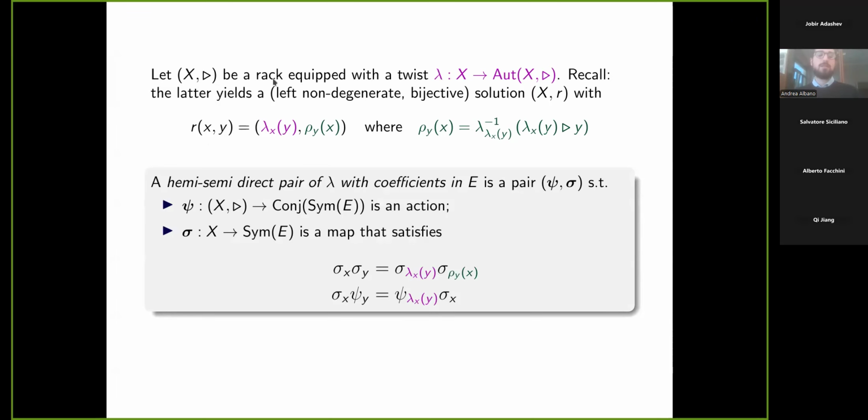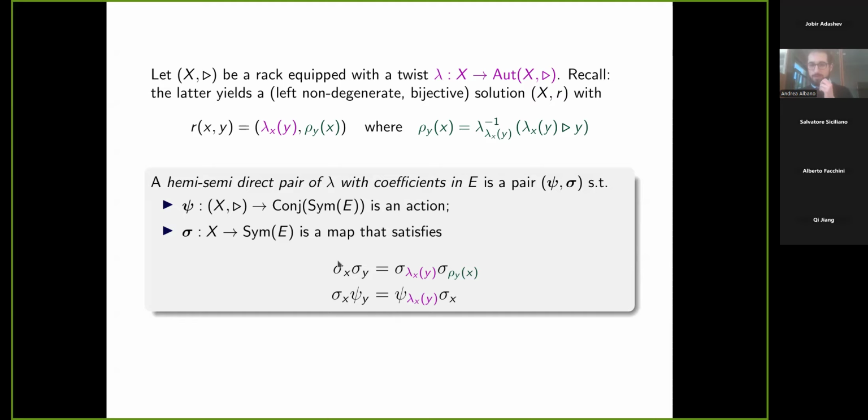So what we are aiming at here is this definition. Start from a rack X triangle equipped with a twist, lambda. We say that a hemi-semidirect pair of the twist lambda with coefficients in a set E is a pair psi, sigma, where psi is an action of the rack on the set E, and sigma is a map from X to the symmetric group of E that satisfies the equations that you can see on screen.